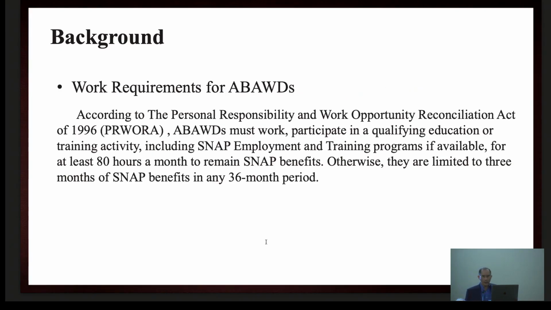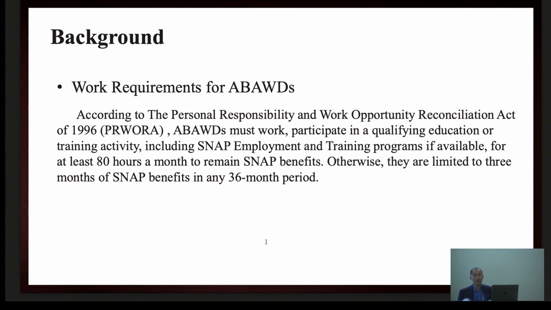So the work requirements, specifically based on this PRWORA, is that these ABAWDs must work, participate in a qualifying education or training activity, which could include SNAP employment and training programs. And this is the important thing, at least work 80 hours a month on average or 20 hours per week, right, to remain on SNAP benefits.